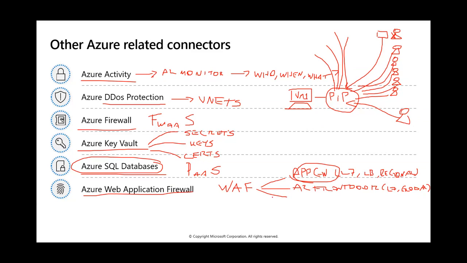And WAF also can be turned on at the Content Delivery Network, CDN, that we can use as a caching solution, caching content from an origin that could be, for example, a storage account. For content distribution, this uses multiple points of presence that Microsoft has across the different locations.